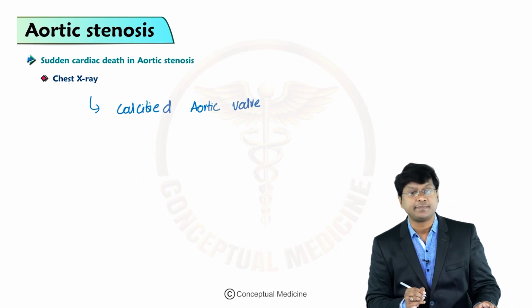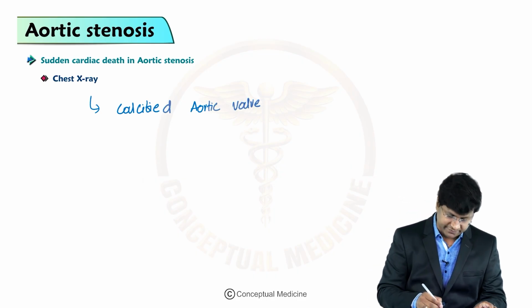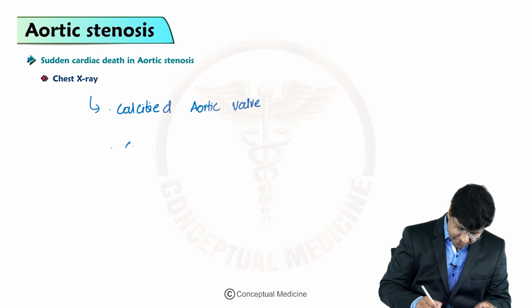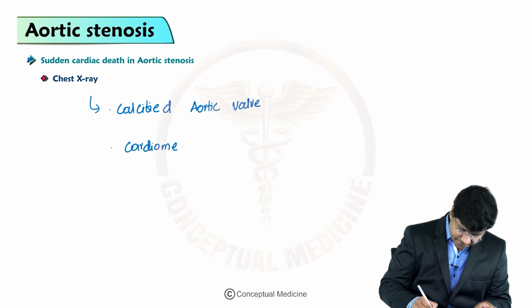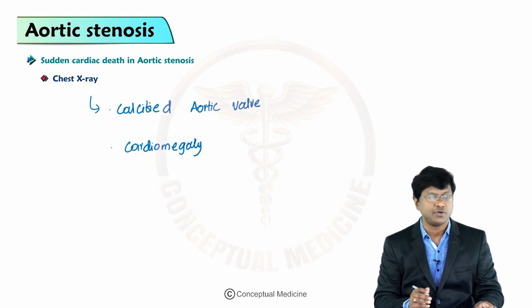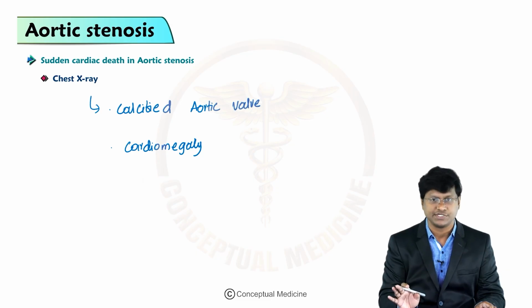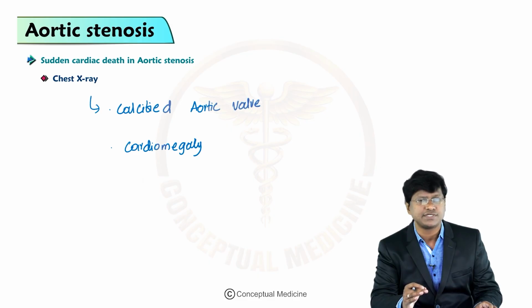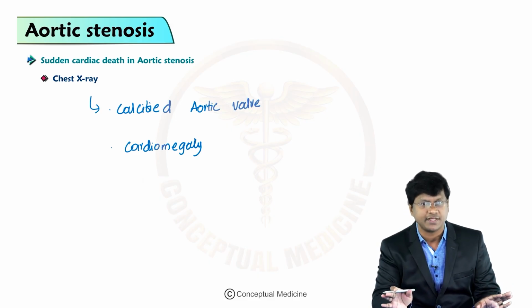Not only that, there will also be cardiomegaly, but that cardiomegaly will be seen only when there is development of eccentric hypertrophy, but not in the concentric hypertrophy stage. But do you have eccentric hypertrophy in aortic stenosis? It is very, very rare.